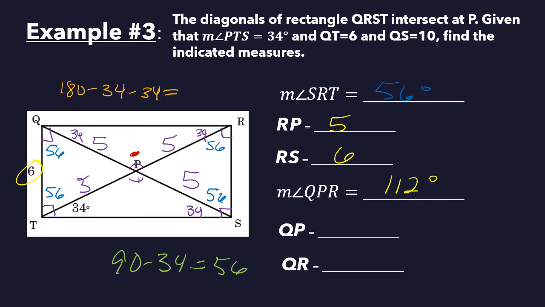QP, so Q to the center is going to be 5. And QR is, oh wow, I don't know. I do know. I can do the Pythagorean theorem.